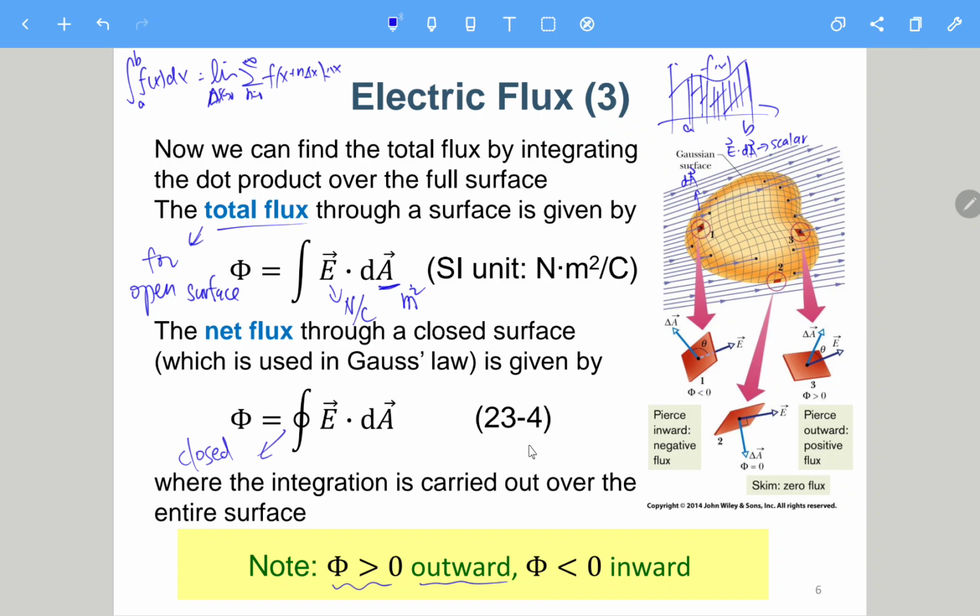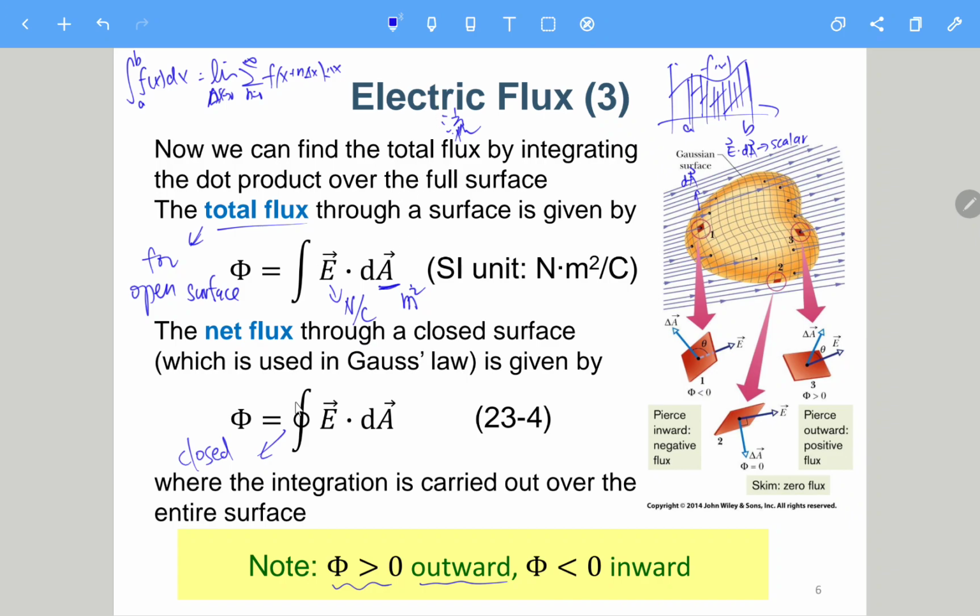And of course, if phi is 0, then there is no flux going in or going out. Flux means flow. So this is the definition of the electric flux for a Gaussian surface in a mathematical way.